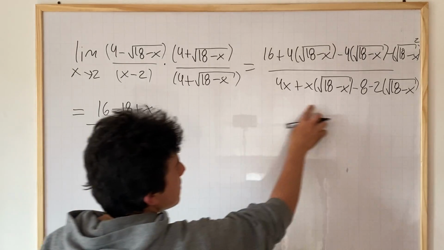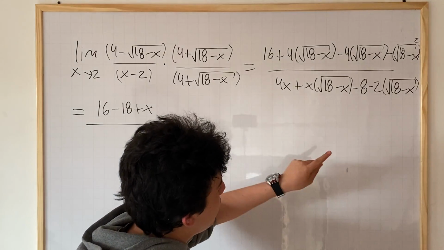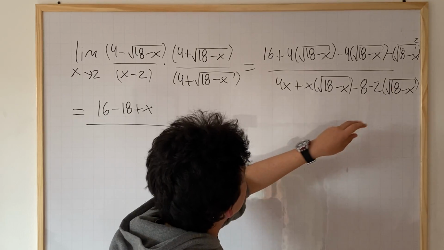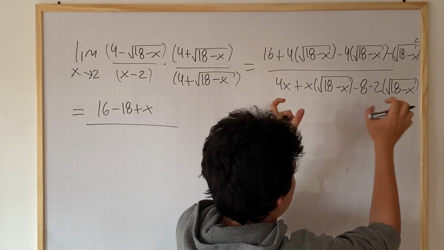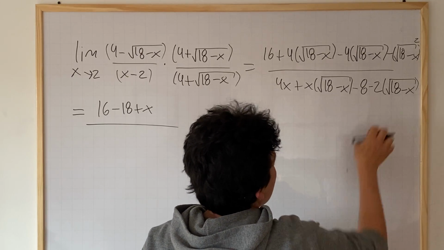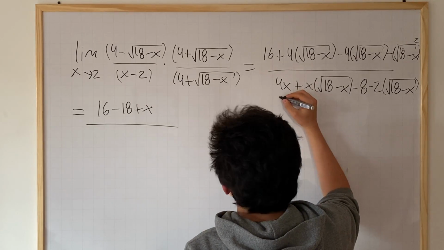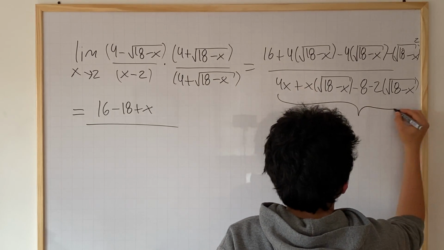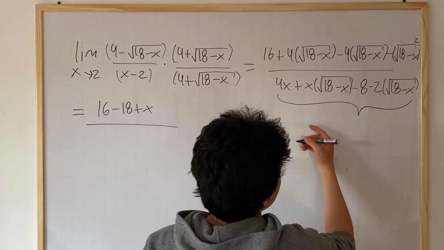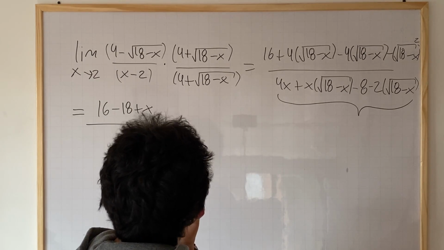Now we divide, so let's simplify here. What you need to do is, if you see we've got a common factor of square root of 18 minus x, that is why the parentheses are useful, because you can see you're doing like a very explicit multiplication. So you have a common factor right there. So let's grab this. Wait, I have a doubt.